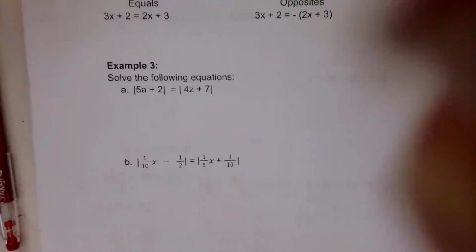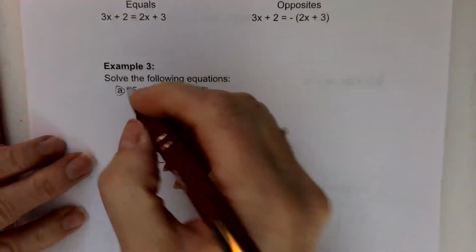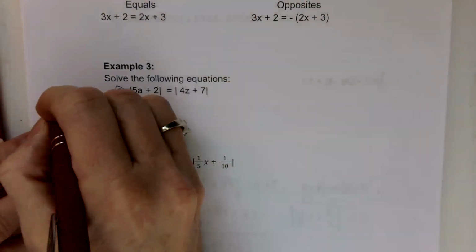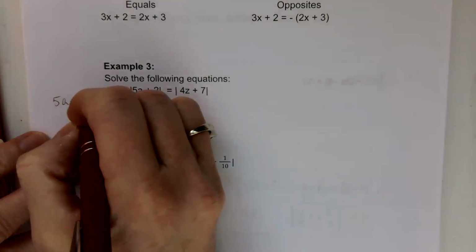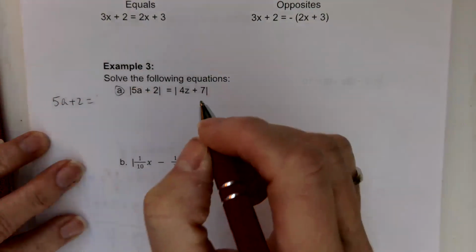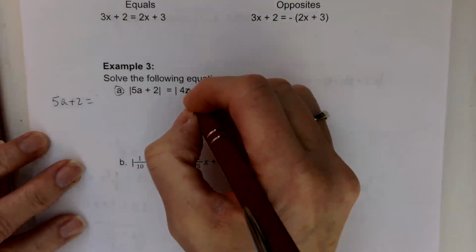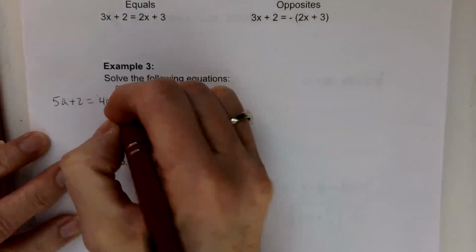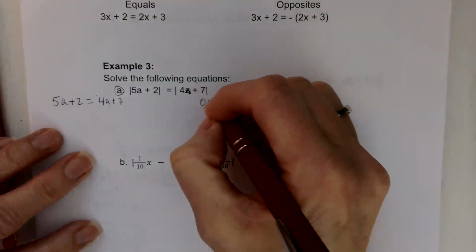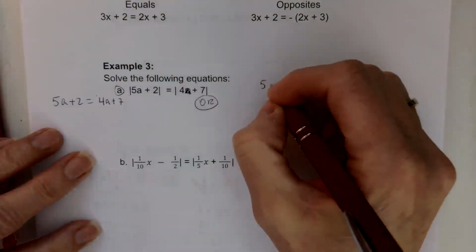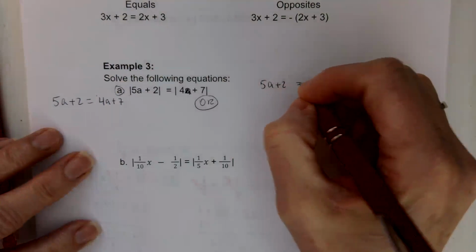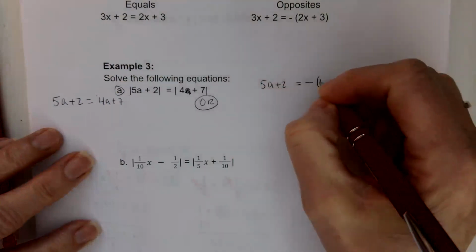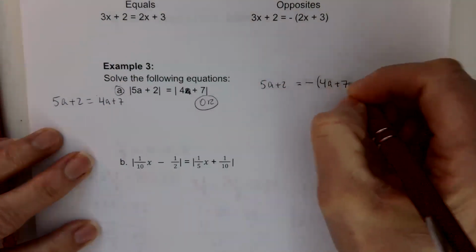So let's look at example 3a. We have either 5a plus 2 equals, that should be 4a plus 7, not z. Or we have 5a plus 2 equals the opposite of 4a plus 7.